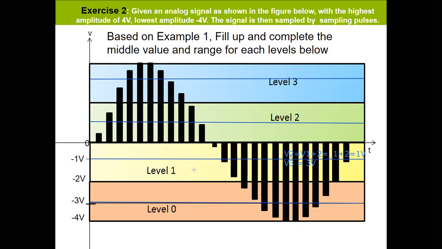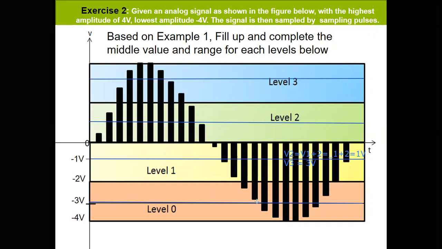Similarly, within level 1, values will be approximated to -1. And from -2 to -4, this is our level 0, so all the values will be approximated to -3.